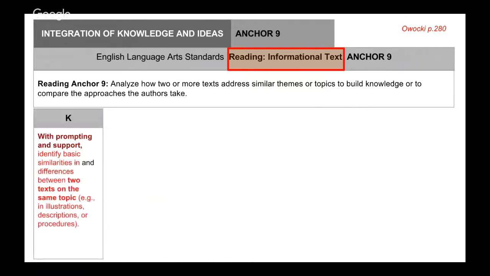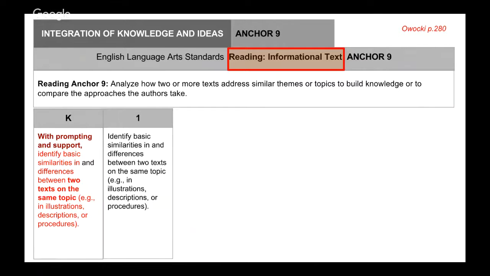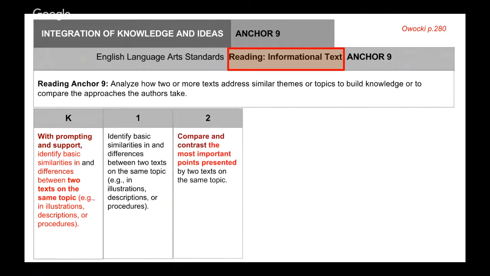If we look at Anchor 9, we're basically just bumping it up to contrasting and comparing texts, 2 texts on the same topic. So kindergarten has the prompting and support. Second grade, now in informational text, you're contrasting and comparing the most important points.